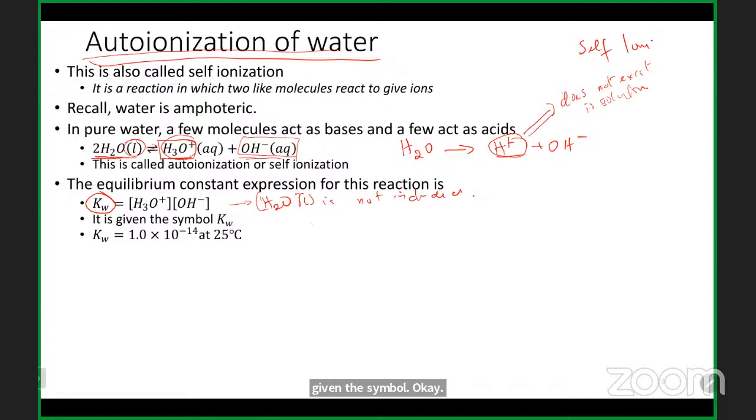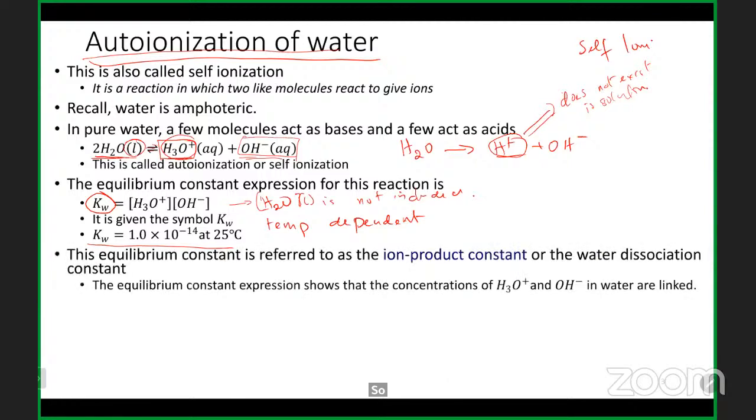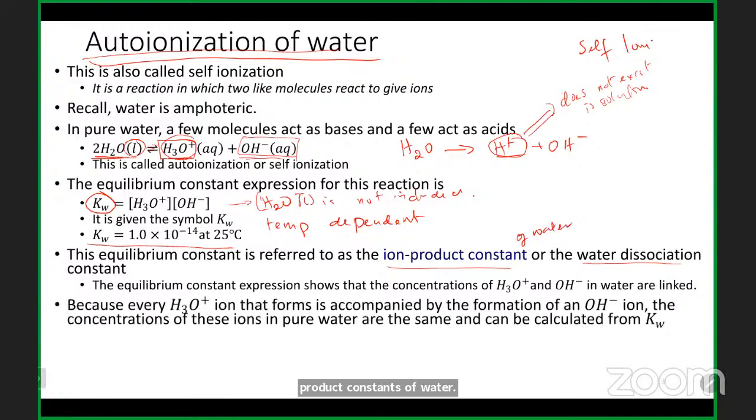Like every equilibrium constant, it is temperature dependent. So Kw at 25 degrees is given as that. It is called the ion product constant of water, or water dissociation constant.